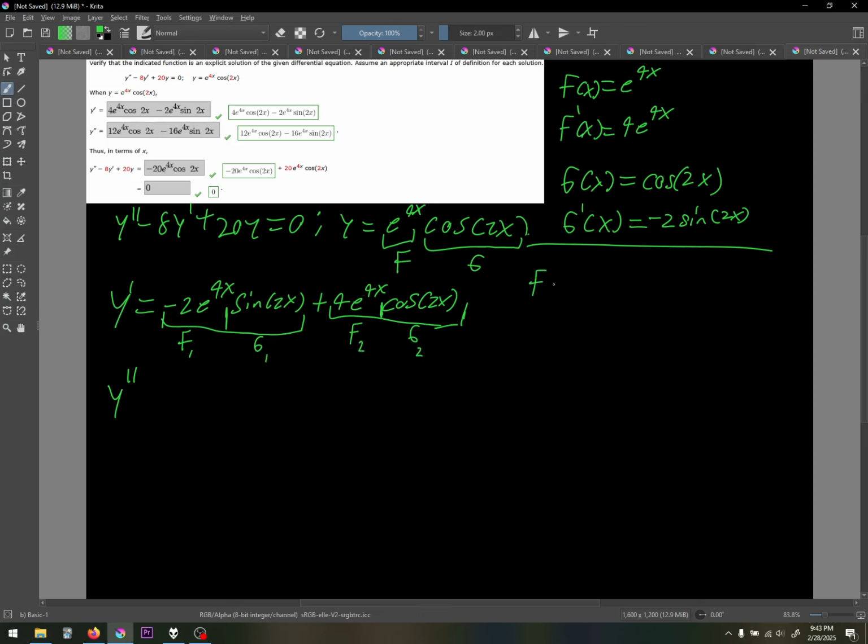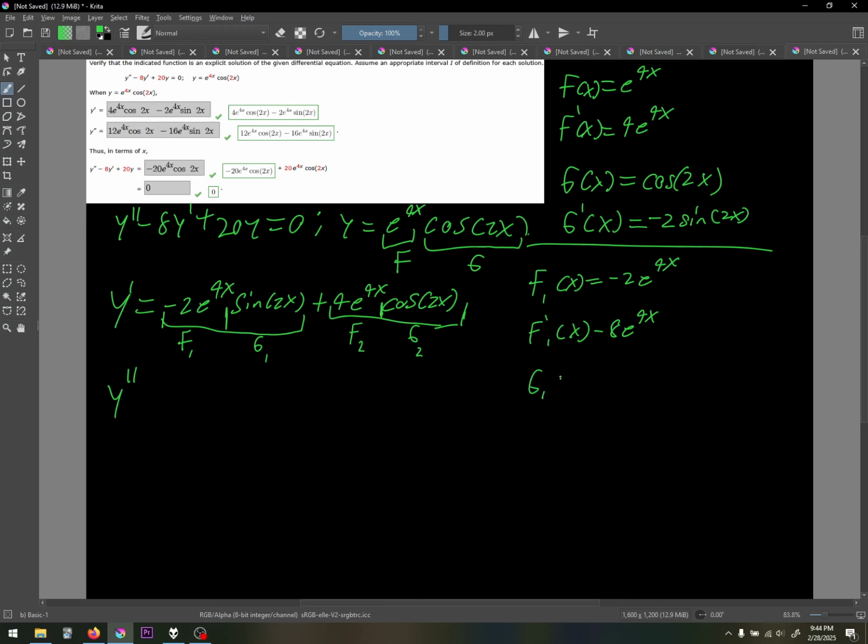So now our f1 of x is equal to negative 2e to the 4x. f prime 1 of x is going to be 4 times negative 2, which is negative 8e to the 4x.